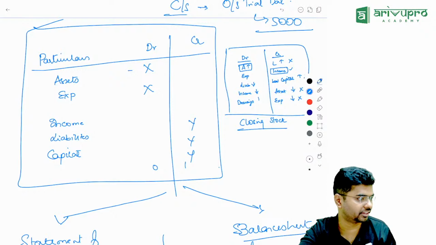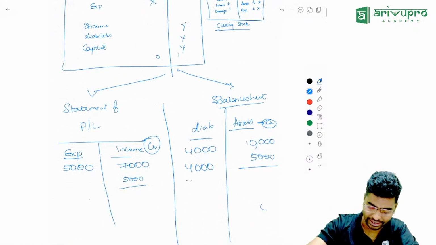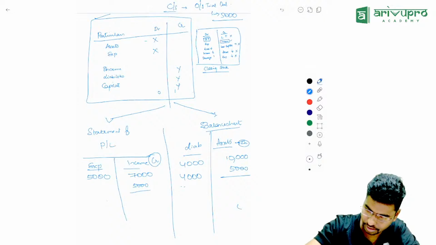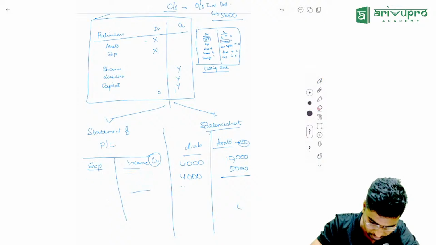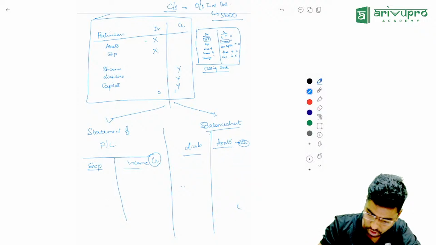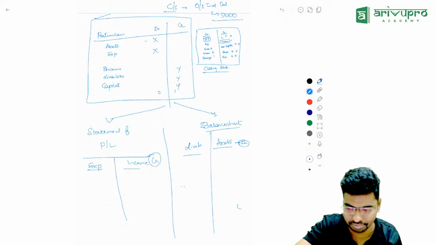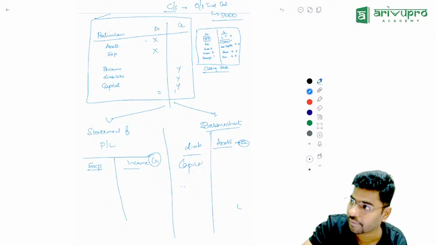X, X, Y, Y, Y. Right? Now write down, from here, copy this down. So your expenses, income, liabilities, assets will come this side, capital.